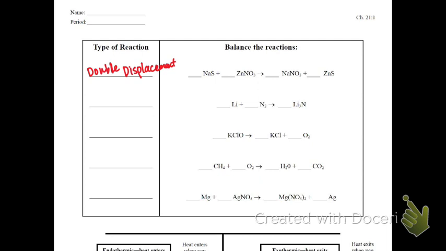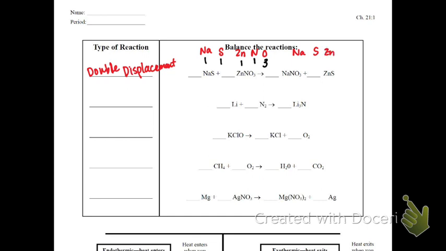All right, and then remember, balancing these is just trying to get the same number. So we have Na's, S's, Zn's, N's, and O's. All right, if we look at the other side, same thing. Na, I'm just going to list them in the same order so it's easier to compare.